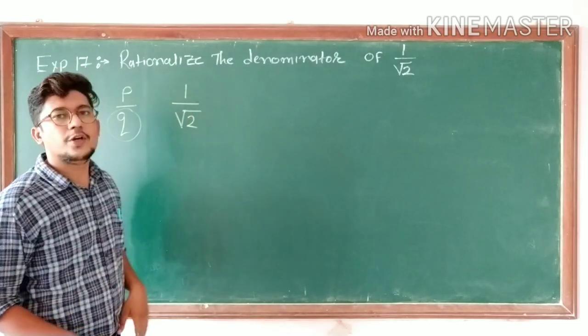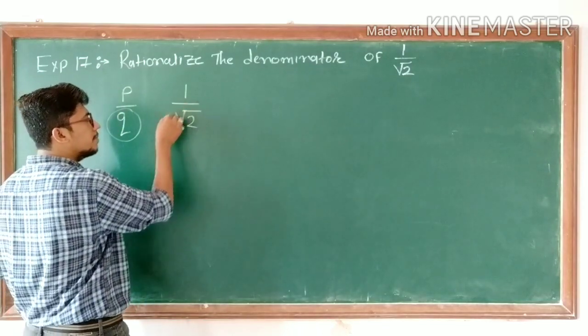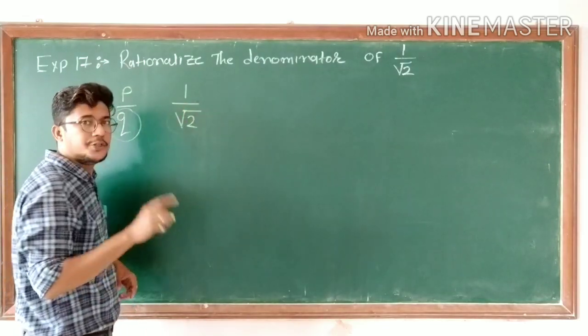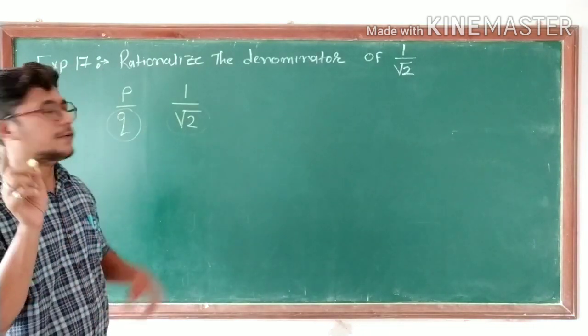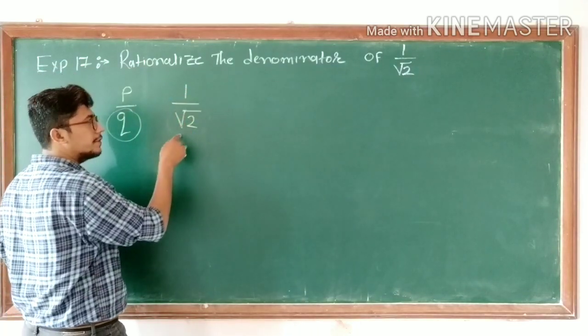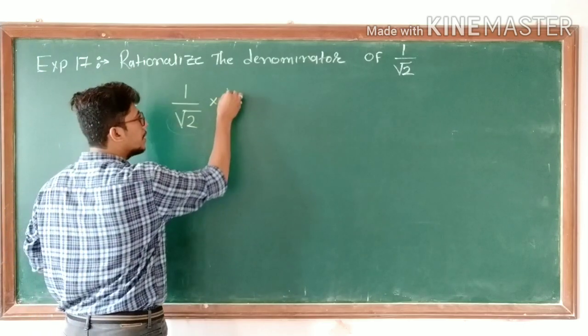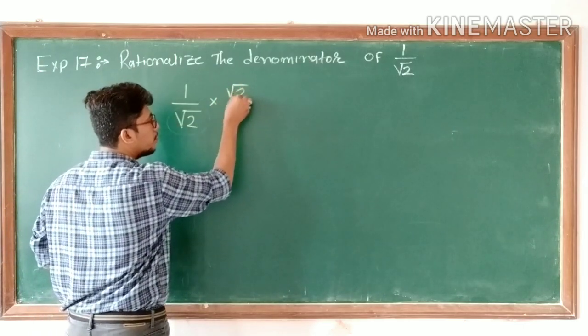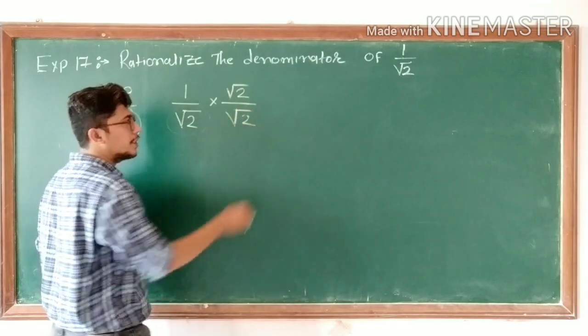To do so, what you have to do is very easy. Whatever number is given in the denominator, you have to multiply and divide with that same number. So here 1 upon root 2 is given. Here root 2 is the denominator, so you have to multiply with root 2 and divide with root 2. What I am writing?